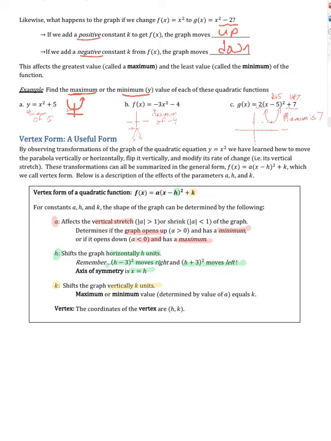And that'll tell us where the maximum is at. That maximum or minimum value is equal to k. That's where it's at. And then if we put all that together, we get the vertex. H and k together give us the vertex, because h tells us how far left and right it's moved. K is how far up or down. And normally our vertex is at 0, 0.